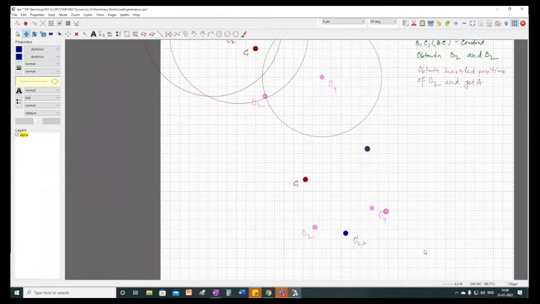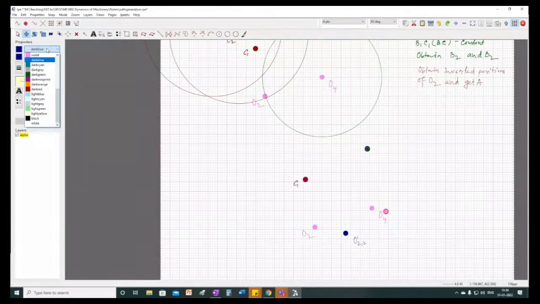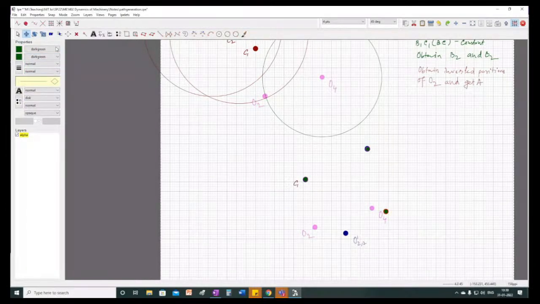Now, see, let me change the color so that we can understand this is the point we have copied. Let me make it green. Okay, so now I will write this point.